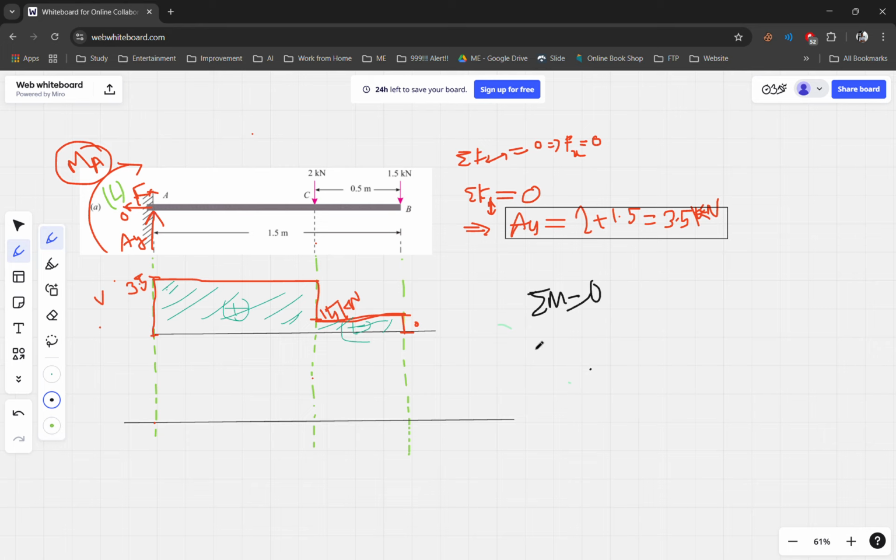Okay, so at point A, let's assume that the moment will be M of A. If you assume M of A, then M of A equals the summation of these side forces. So how can we determine that?